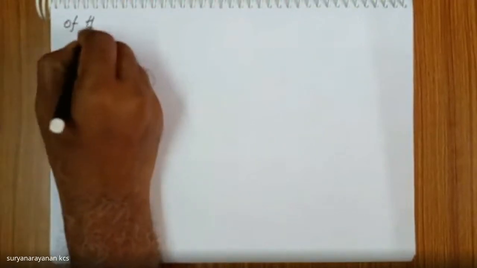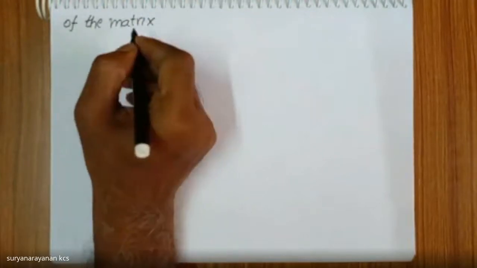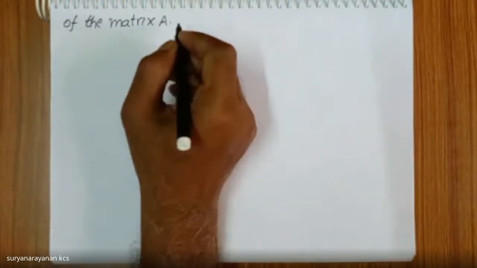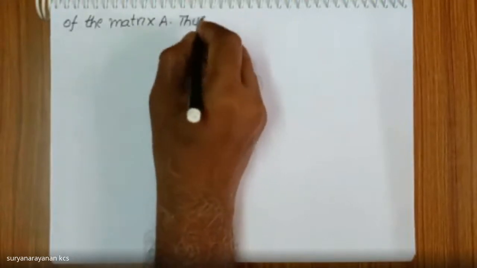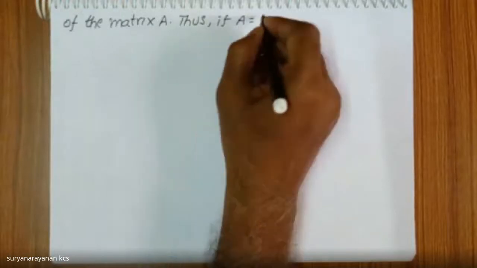Now come to the next one: the diagonal of the matrix A. Let us take an example. A is equal to this matrix.